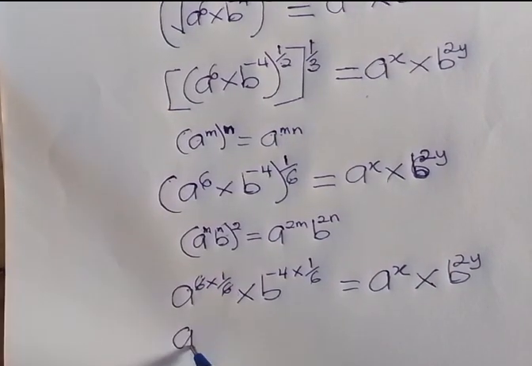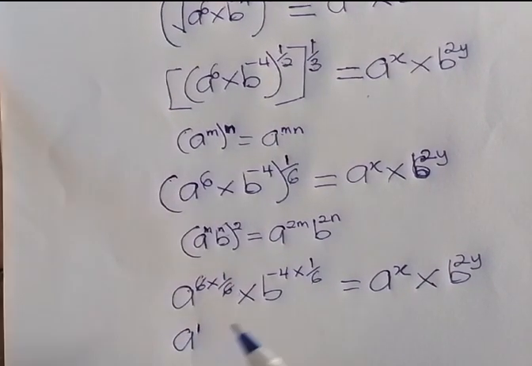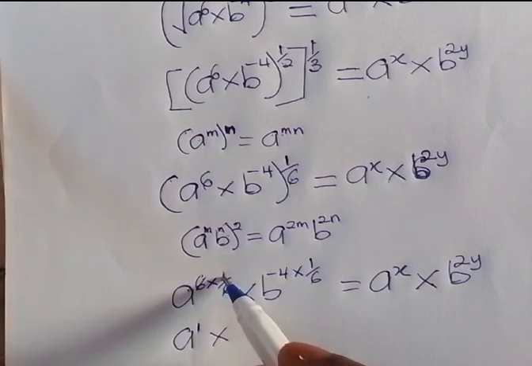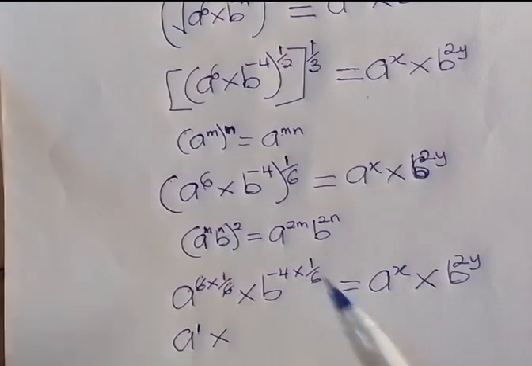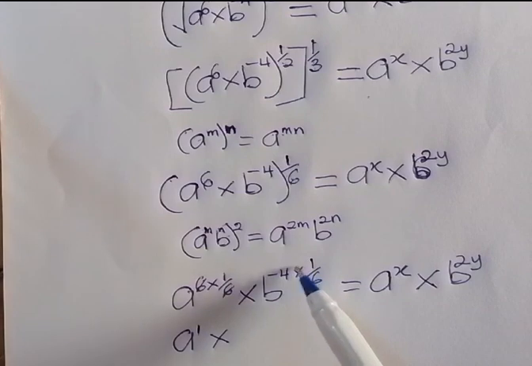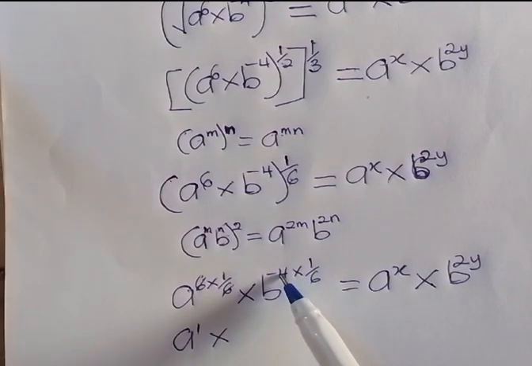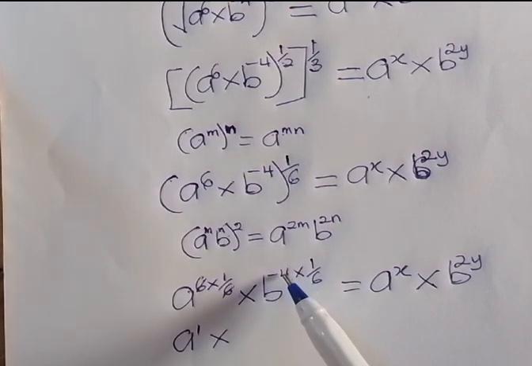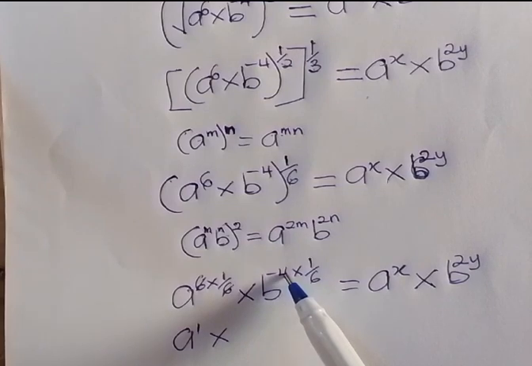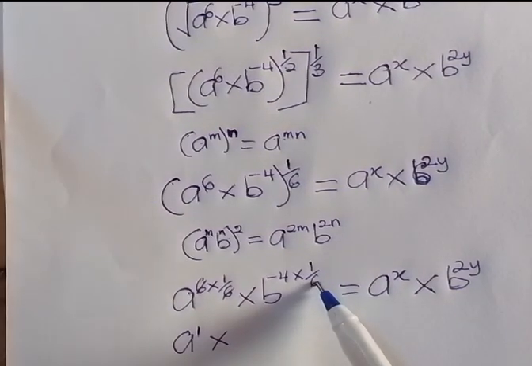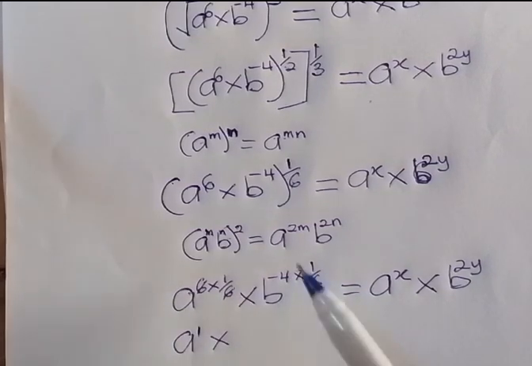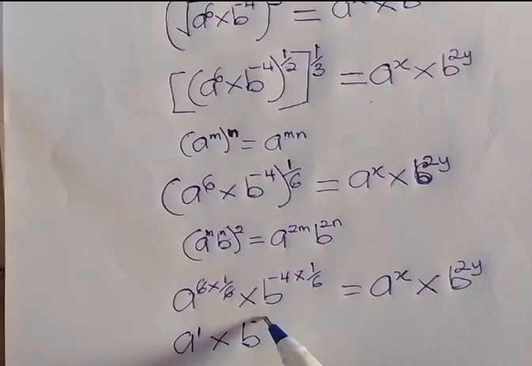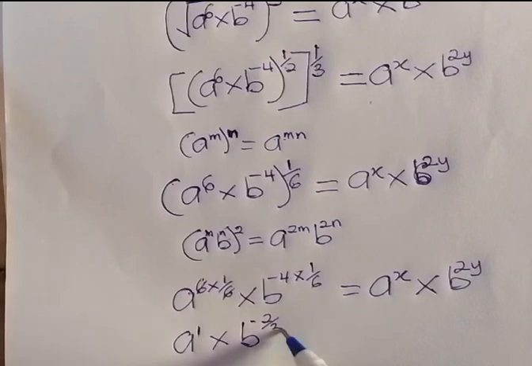Then we will have a exponent 1 times, because when we cross this out, it will be left with 1. And here too, we can find a number that can divide 4 and at the same time divide 6. If we get 2, we can divide 4 by 2, which will give us 2, and divide 6 by 2, which will give us 3, and multiply by 1. And then you are going to get b exponent negative 2 third.